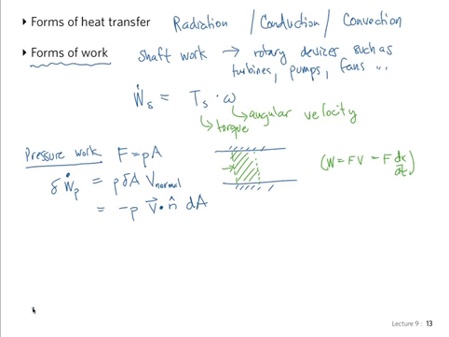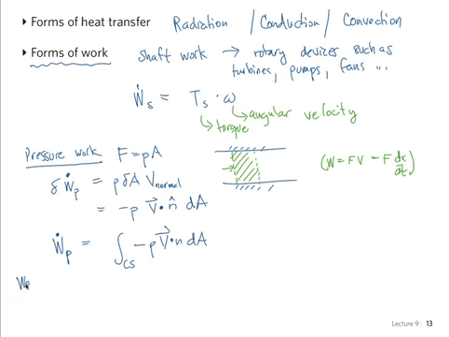I could get the total work done by pressure by integrating this. And so the total work done by pressure is equal to the integral across any control surfaces of minus P V dot N dA.